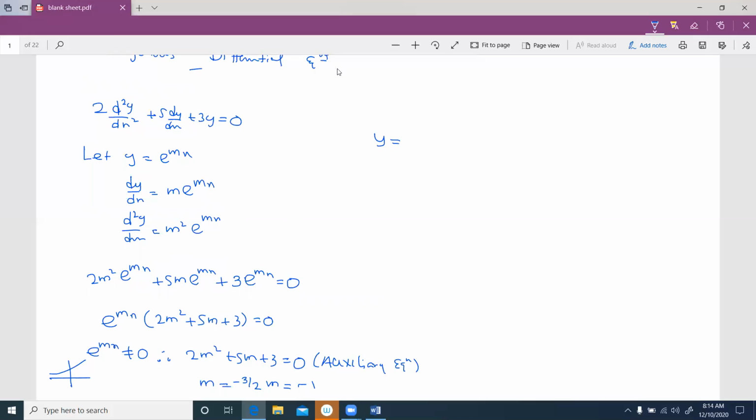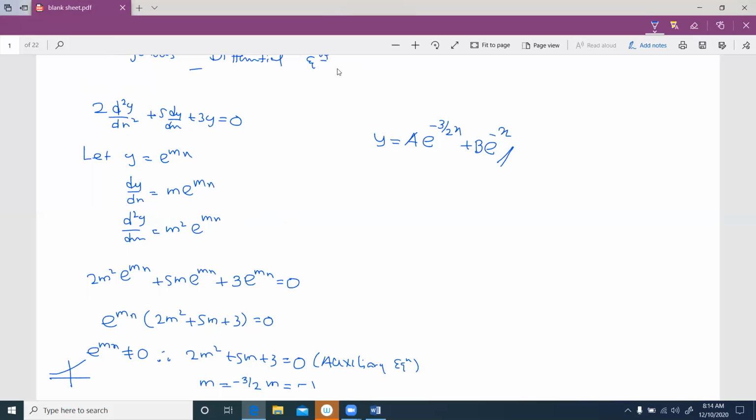Therefore, the solution can be written in this format: A times e to the power minus 3 over 2 x plus B times e to the power minus x. That is the way of writing the final answer.